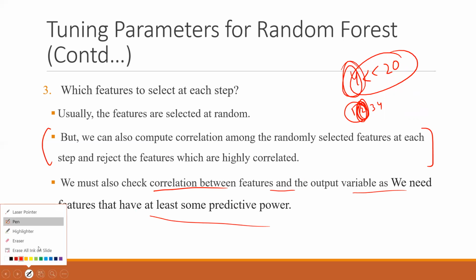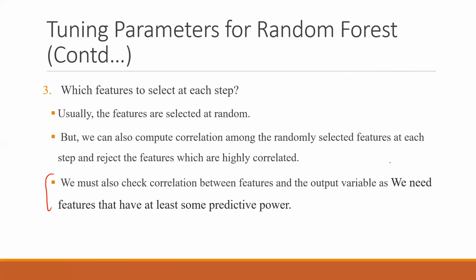So another angle has been given, that we should also check the correlation of my feature with the final output. Let's say I am going to pick the second feature out of the 20. I have to compare the correlation with my target value, which is in the 21st column.